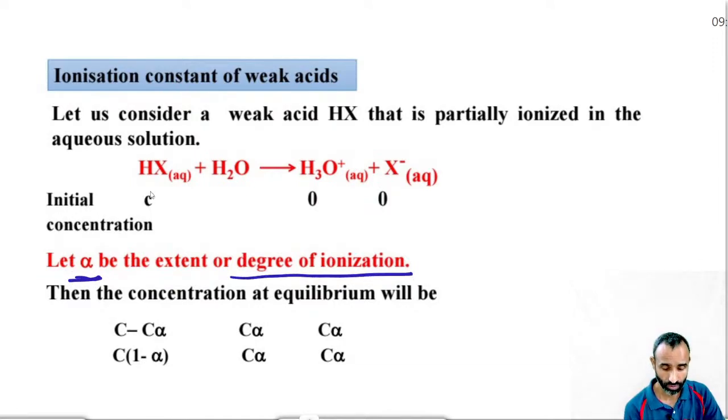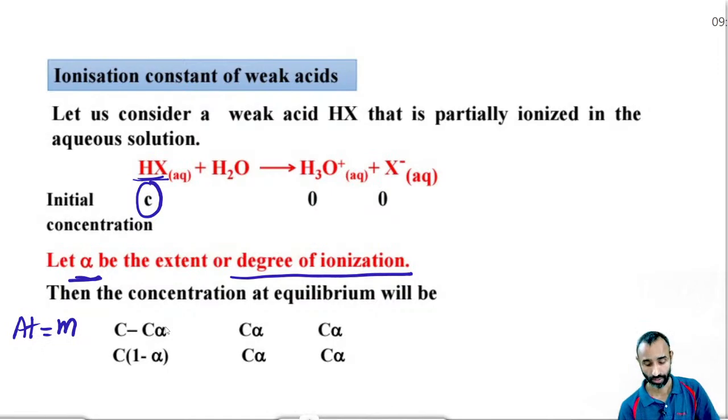Let us start with the concentration C. Initial concentration C, alpha is degree of dissociation or ionization. So after some time, at equilibrium, HA becomes C minus C alpha. H plus becomes C alpha, X negative also becomes C alpha.